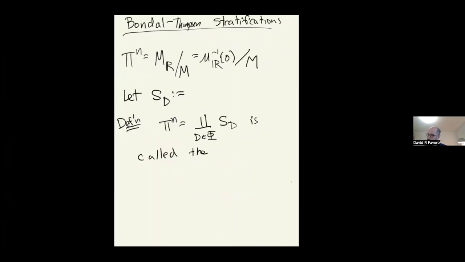I can get a torus M_R by M. This is just isomorphic to R^N by Z^N, where N is the dimension of this lattice. And I get strata by taking the pre-image and intersecting with this cube.